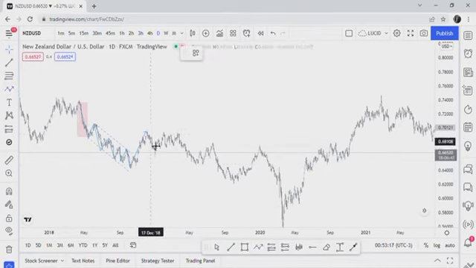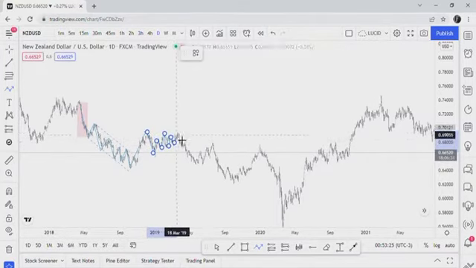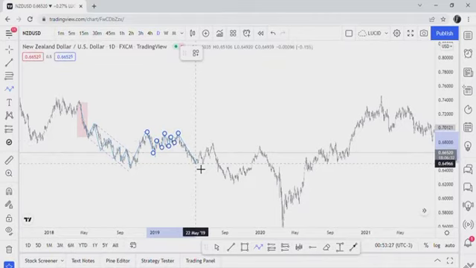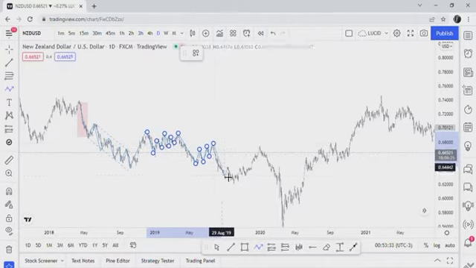Then we had an impulse here, a correction, right? Then a push to the downside for another correction, a push to the downside for a bigger correction, right?